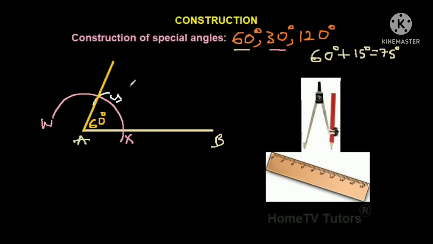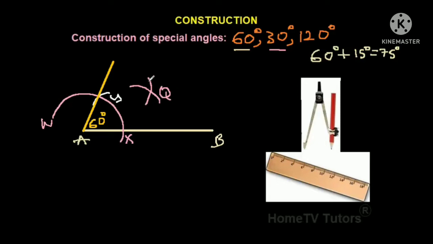Then again you move to the center point Y, sorry, then you draw another arc that will cut across the previous arc. You can have the point of intersection now labeled as Q.